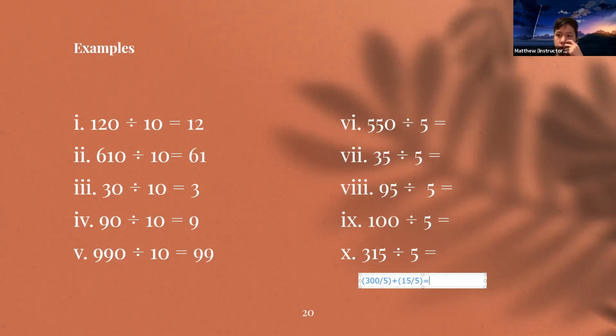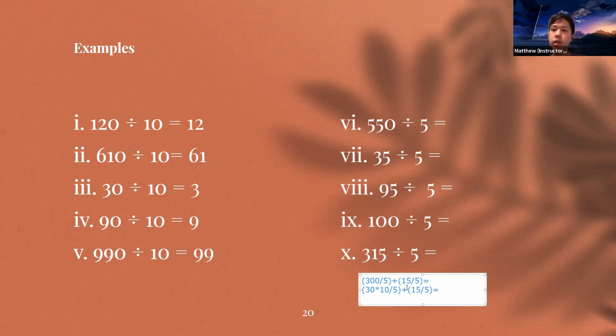So, what would this be equal to? Or an even simpler way to do this would be 30 times 10 divided by 5 plus 15 over 5. That is equal to what?